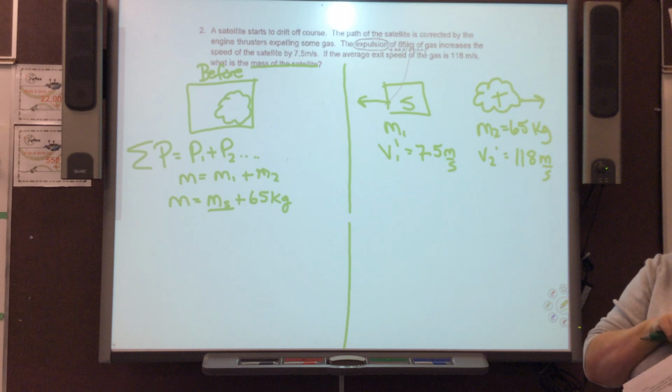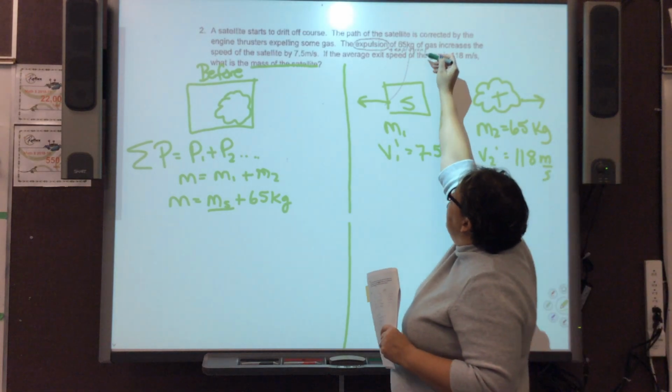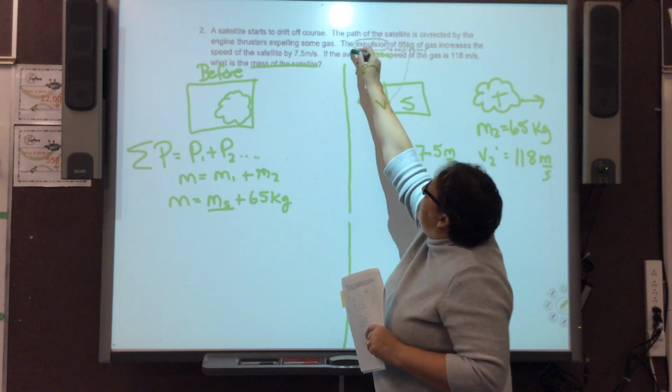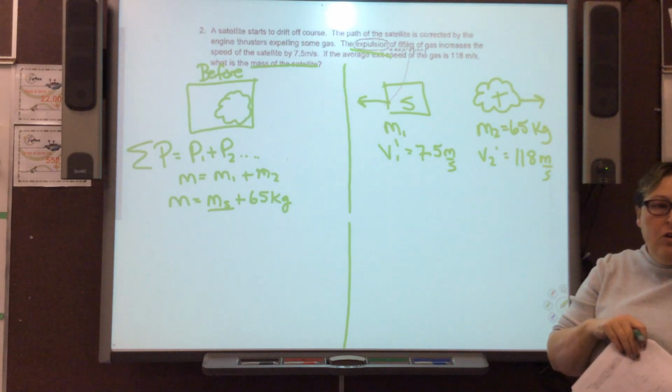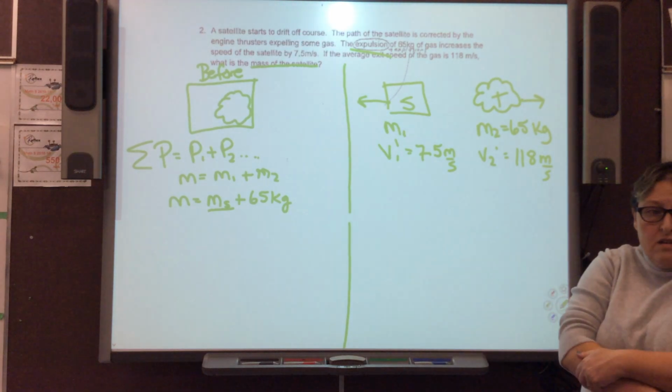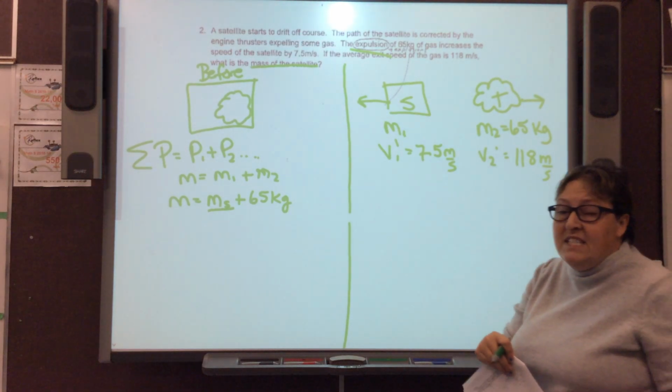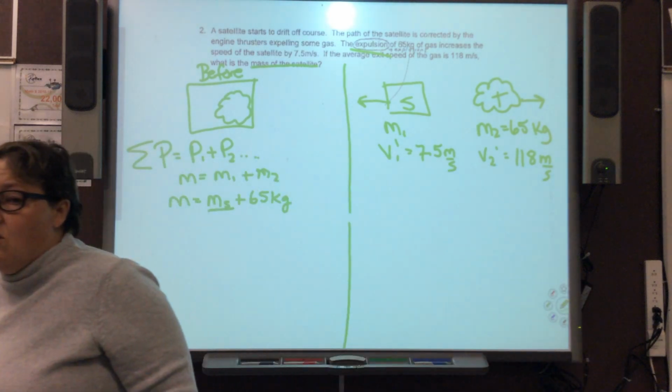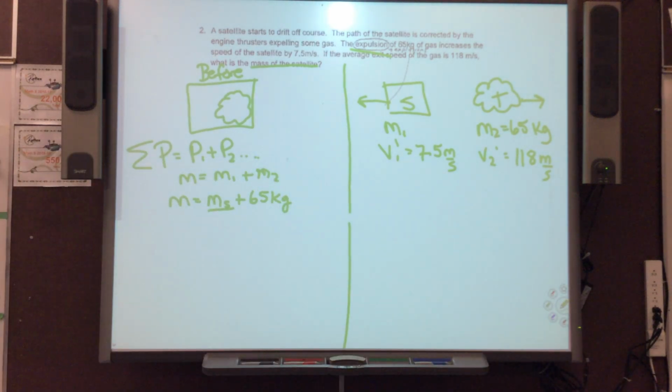What's our initial velocity? It's not unknown. Expulsion is code word for explosion. So what? 0. The velocity before an explosion is 0. Yeah, but like in space, it wouldn't just stay still. It would move because there'd be an orbit.